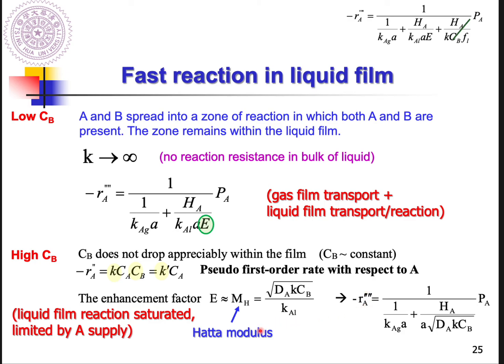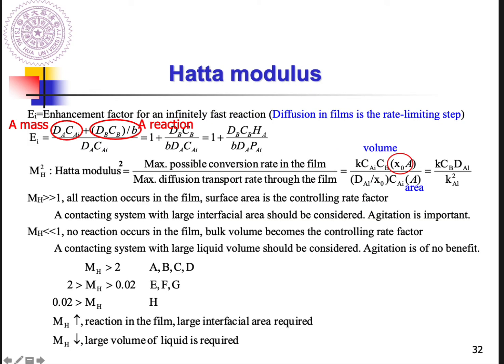So now we are going to show you what the Hatta modulus is. Page 32. Based on the definition of the Hatta modulus, everything is happening in the film layer. It is the maximum possible conversion rate divided by the maximum diffusion transport rate through the film. So we need to write down the conversion rate, the chemical reaction rate, so it's k CA CB times the volume.